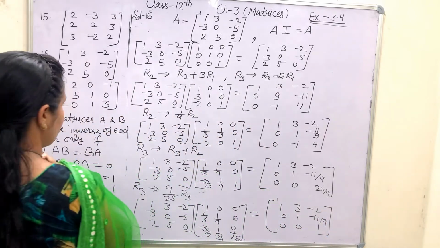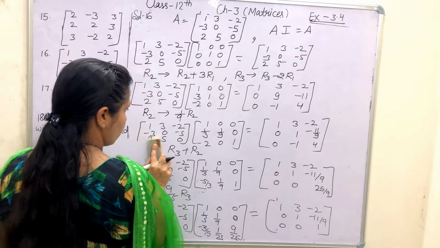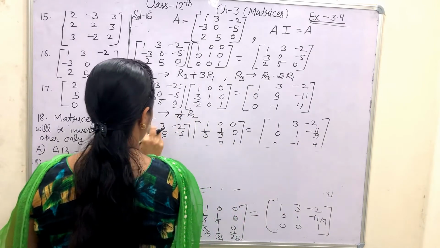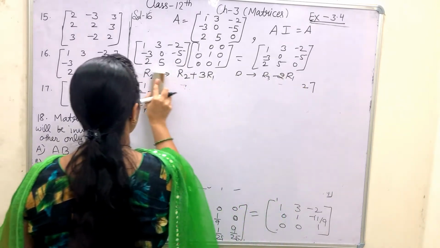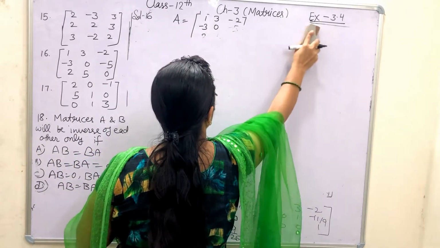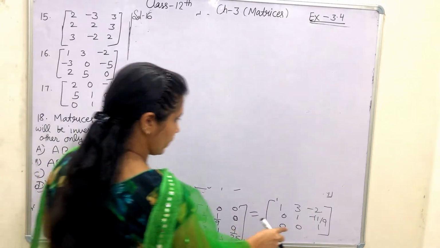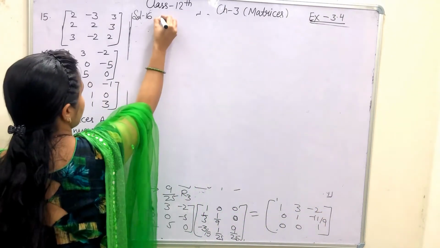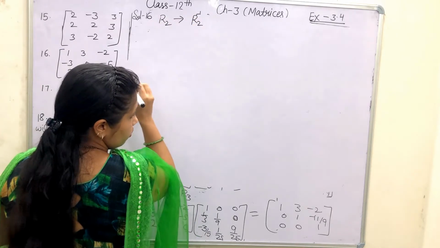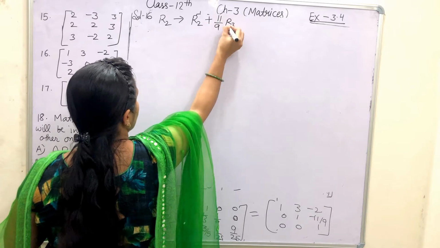Now we have to make our entries A12, A13 and A23 as 0 with the help of our other rows. So we get, here we apply on R2 plus 11 by 9 R3.